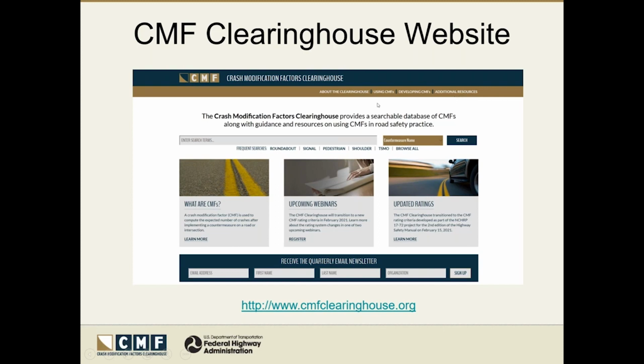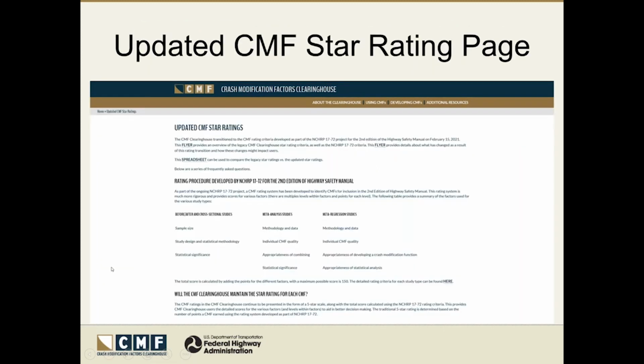Talking about some of the updated rating changes, we'll go ahead and go through this. If you click on that third box, this will come up. There is a flyer that talks about the star ratings and what we mean by the star ratings. For those that are new, the star rating is a quick, at-a-glance quality rating of the CMF, the crash modification factor that you're interested in.